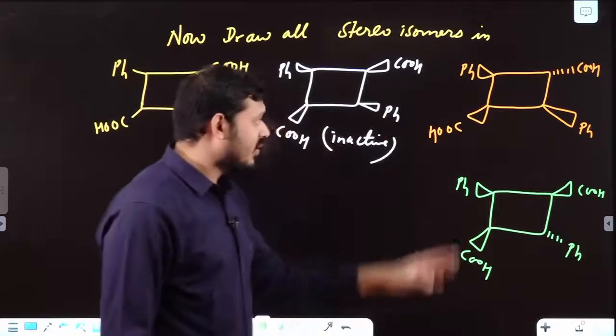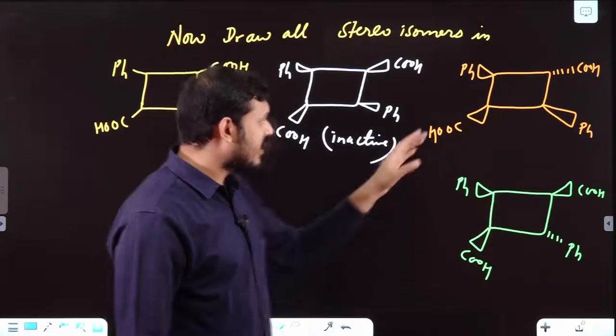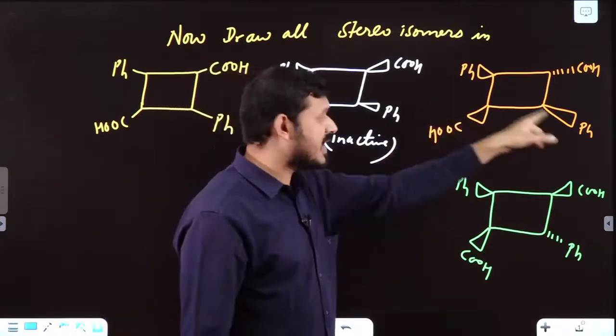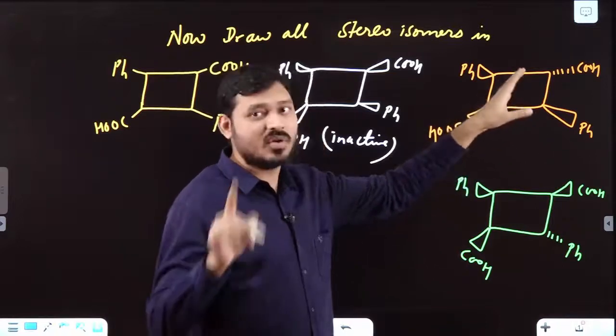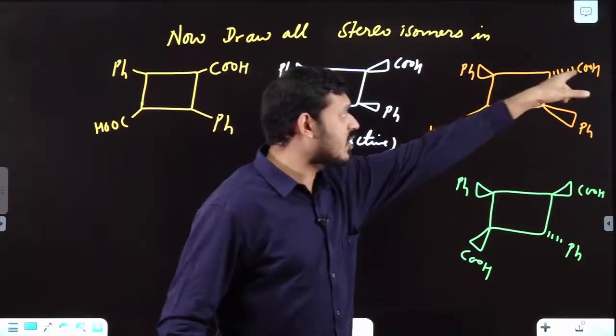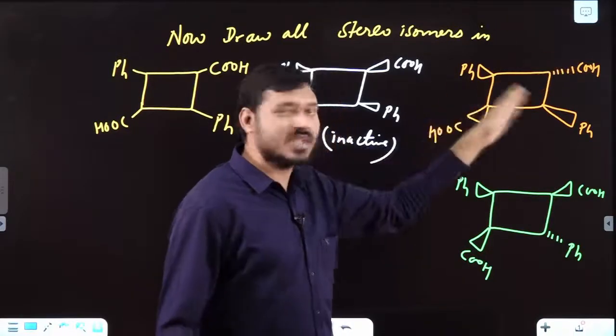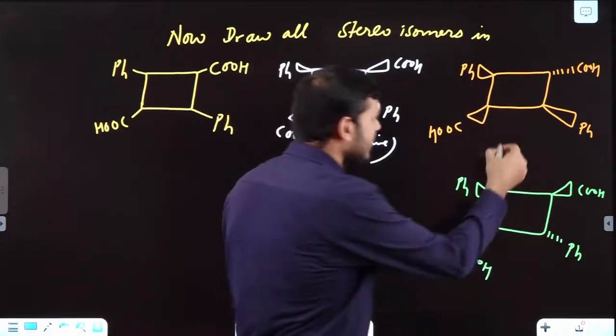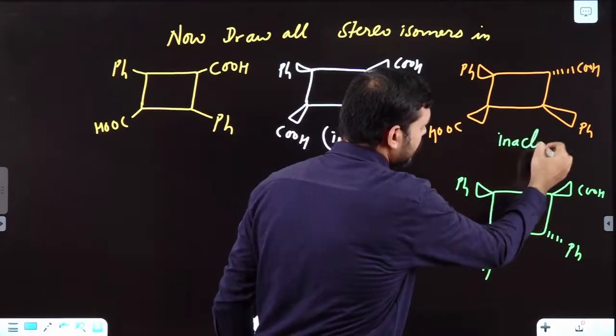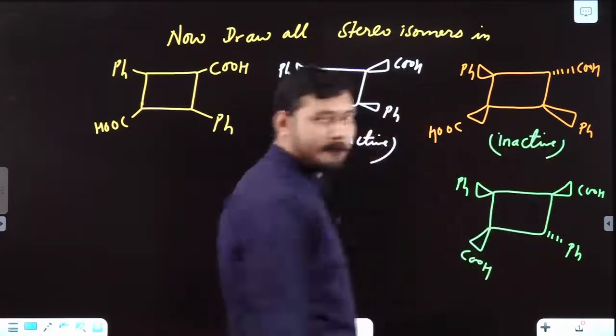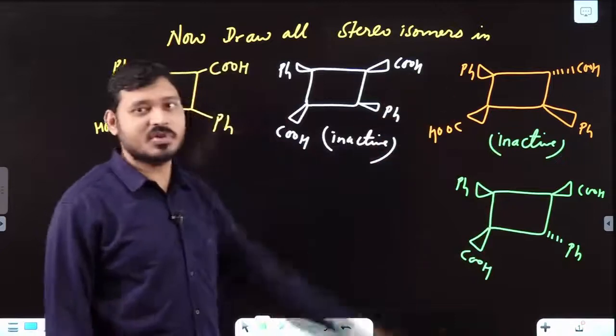Okay. Now in these two cases, if I have to check, see here also this OH OH on same side. So take the diagonal plane such that COOH COOH will be cut into equal halves. So in this way, if you cut, these two on same side, mirror image part, so it is also optically inactive. Okay, so no need to draw its enantiomer or mirror image.